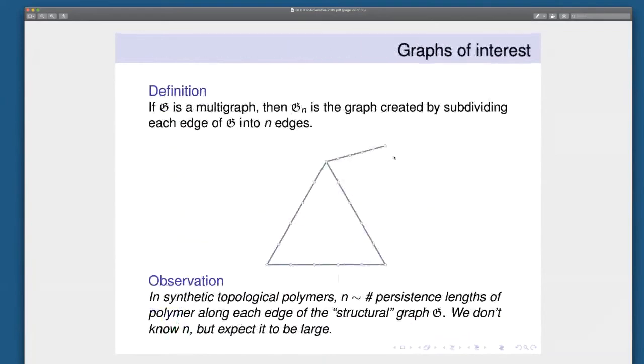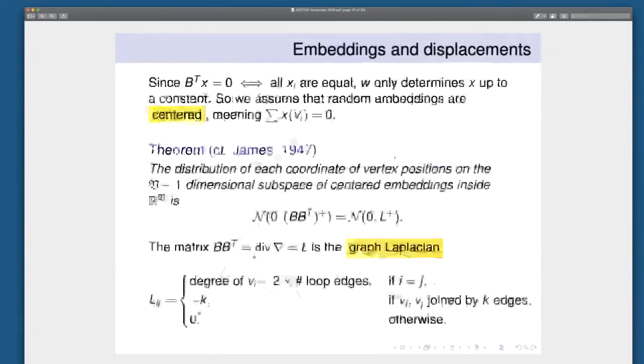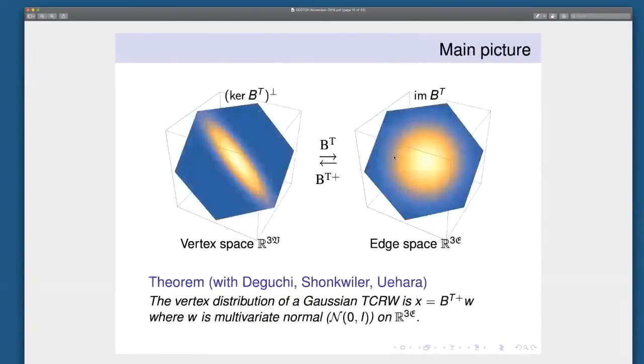So let me go back. Okay, so this basic picture that the admissible edges are a linear subspace of edge space, right, means that you could put any distribution you wanted on this linear subspace.